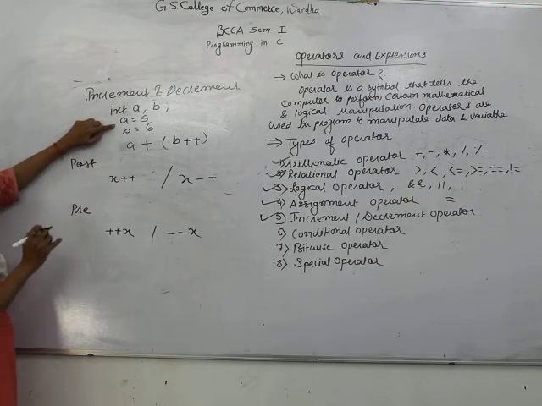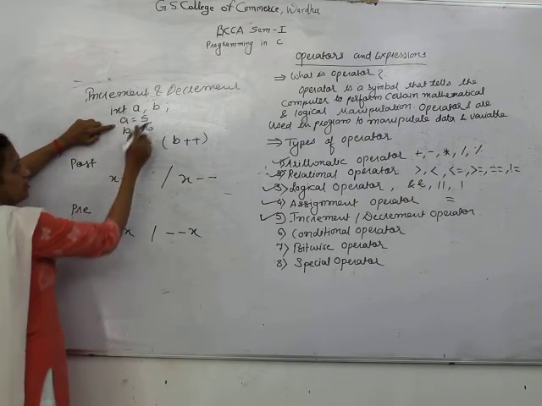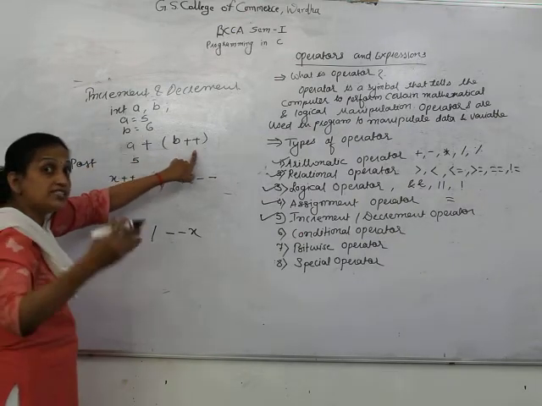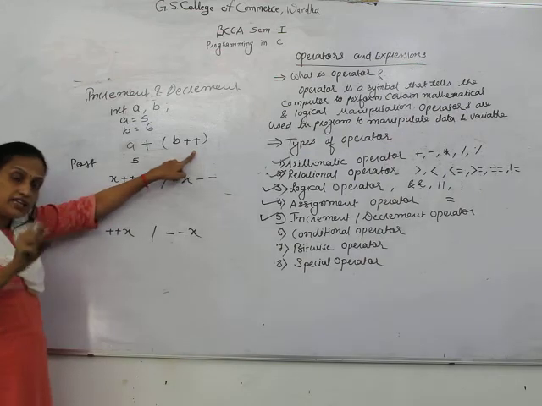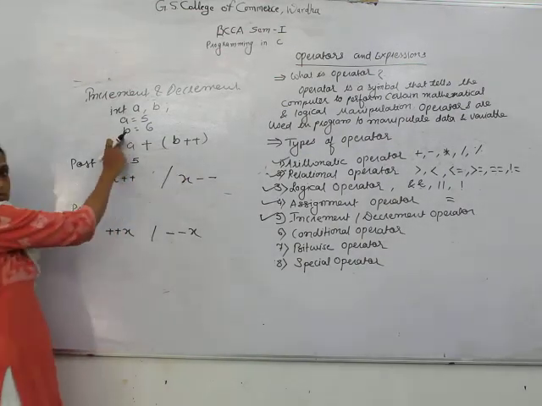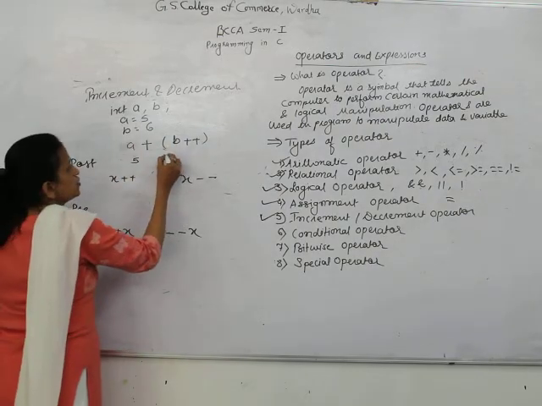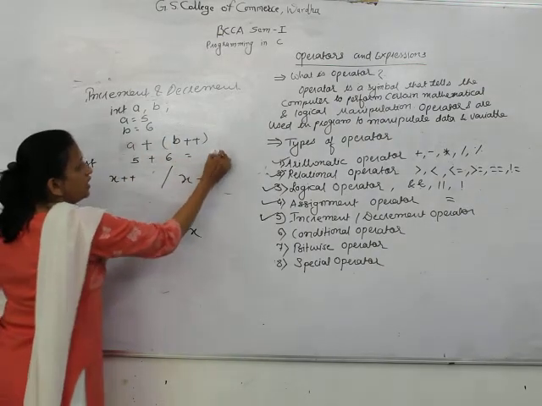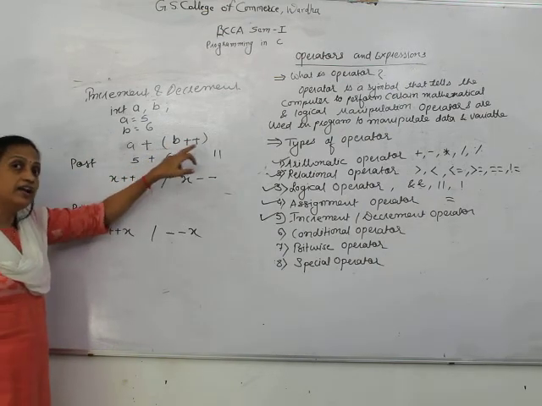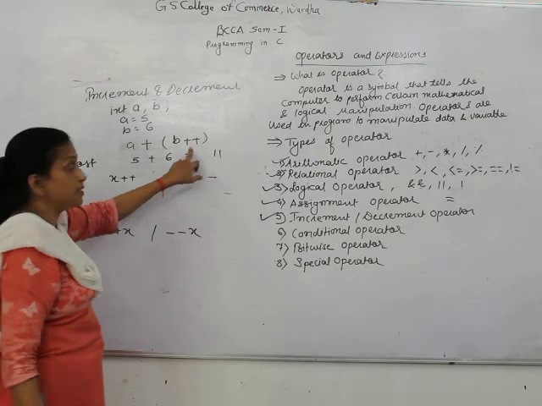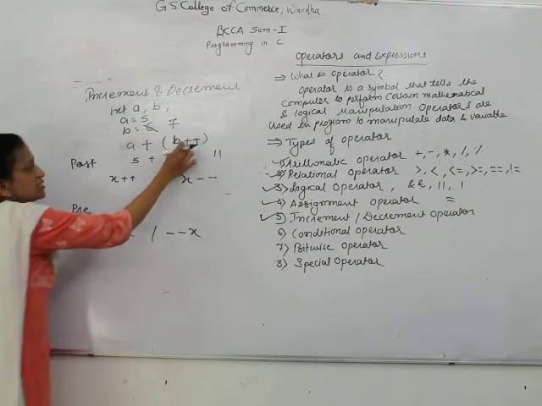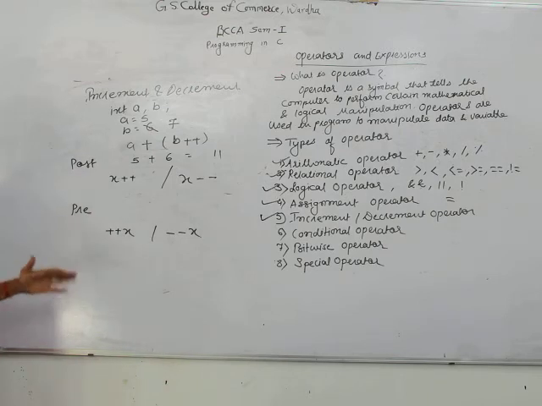The computer takes the value of a, which is 5, and b plus plus. Post increment means first it takes the value and then it increases. What is the value of b? 6. So the answer is 11. First it takes the value and then it does the plus plus. So after this the value of b is 7 because it is increased by 1.